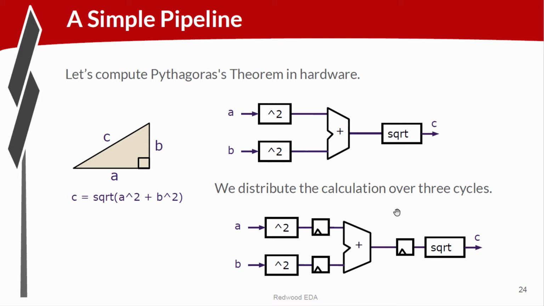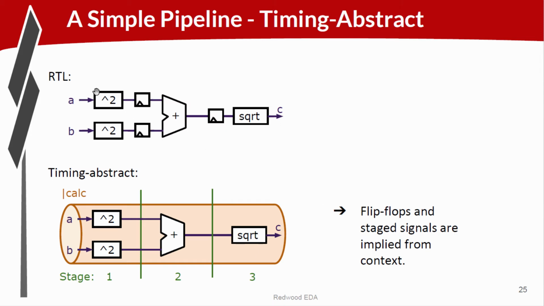So we just looked at the RTL mentality version of this circuit, where we're explicitly defining our computation and our flip-flops. Transaction level Verilog gives you the ability to model this in what's referred to as a timing abstract representation.